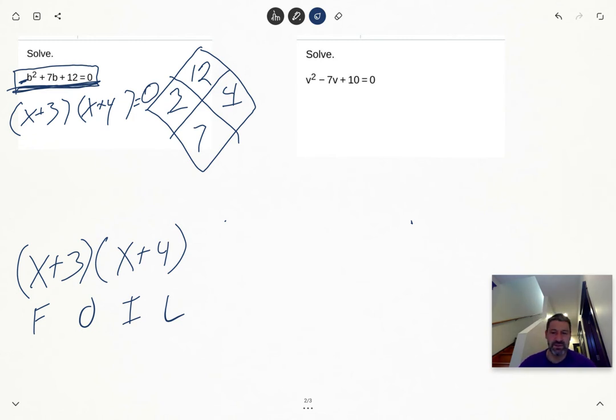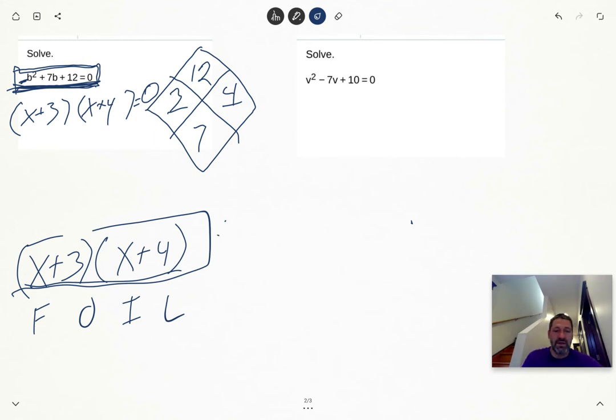So factoring is just multiplication backwards. If I multiplied this, I would get this top equation up here. But then factoring is kind of unmultiplying it.